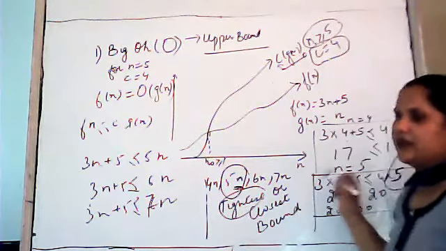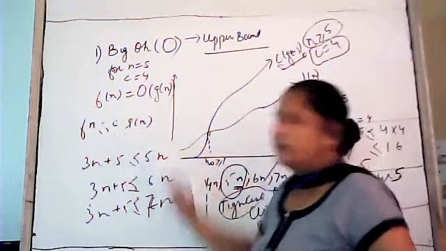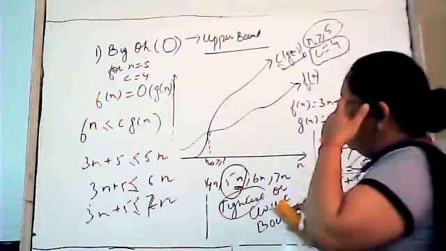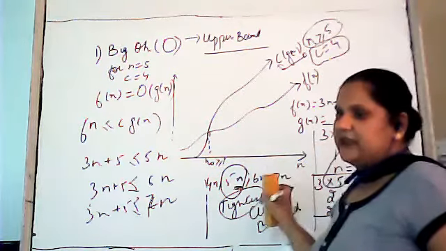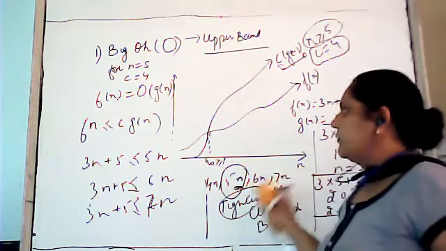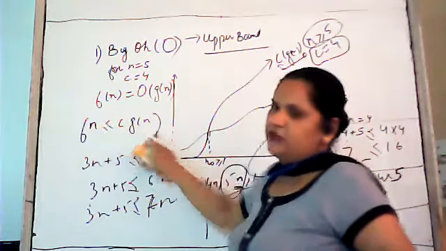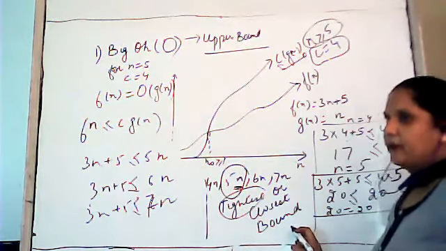So this is the tightest bound for which this relation will hold: f of n is less than or equal to c of g of n. So for these values of c and n equal to 5, this relation will hold. You have to always choose the tightest or the closest bound.